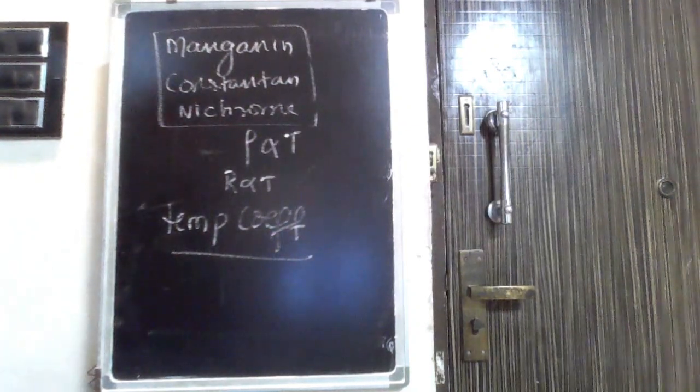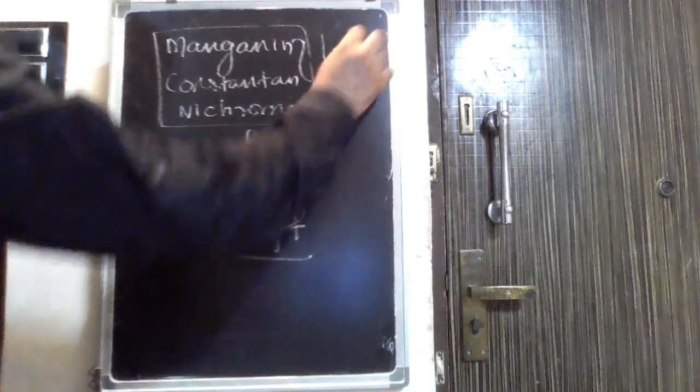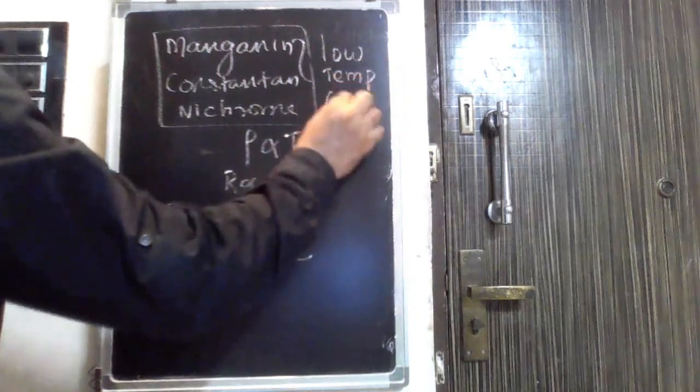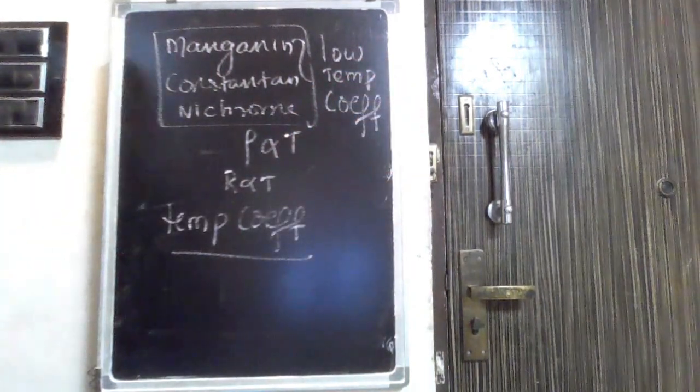Copper and silver have a high temperature coefficient. That means they are very sensitive to temperature; resistance will change very fast. But manganese, constantan and nichrome have a low temperature coefficient. So the interesting information you should know is that with temperature, the resistance is not going to be affected that fast.